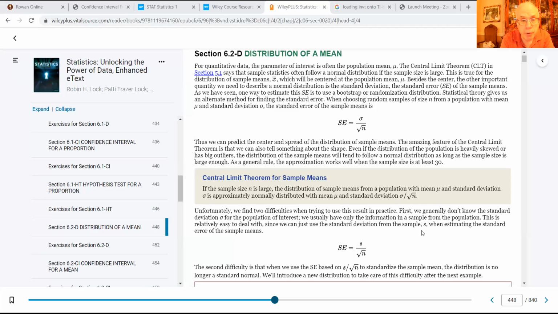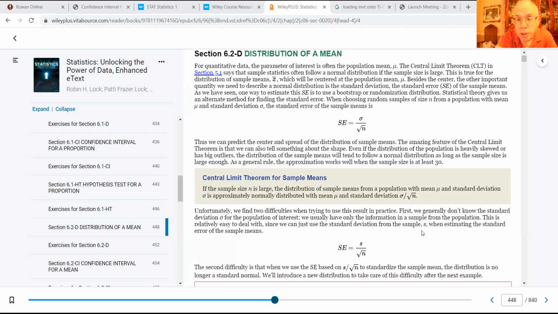All right, this is section 6.2. The very first thing that we talk about is the standard error for a mean. Right now, through section 5.2, we were using the standard error that we were reading off of a StatKey bootstrap sampling distribution chart. Upper right-hand corner, there was a standard error that we were using.